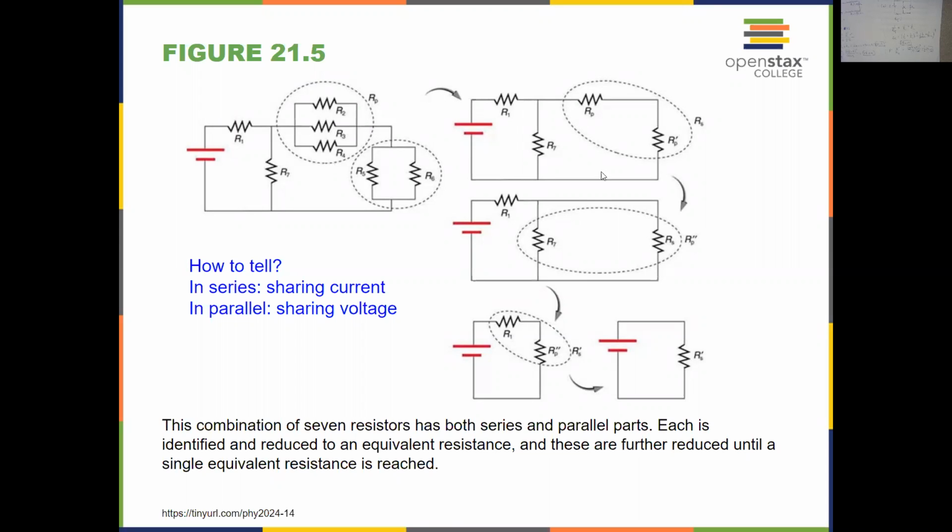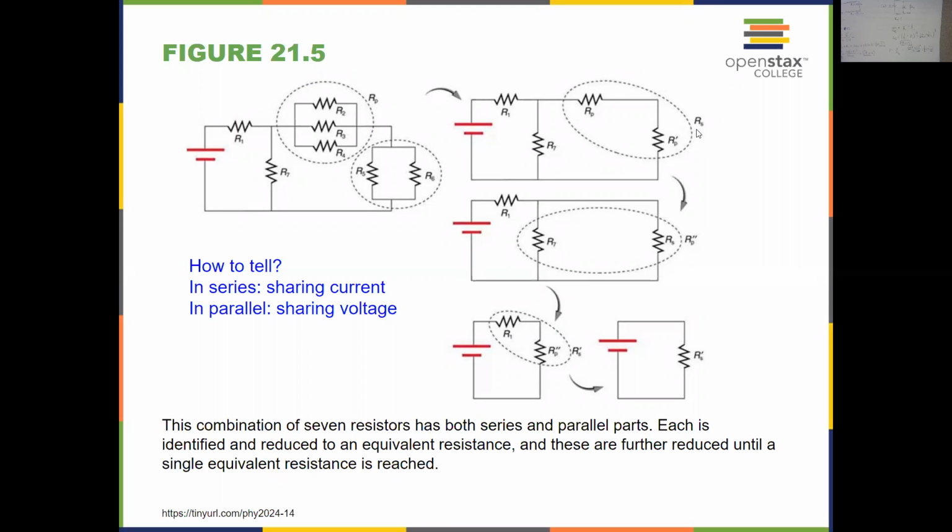Still, you have a complicated part because these two are in series, but they are in parallel with this one. So then you check this now less complicated circuit and identify which part is purely in parallel or in series. You might identify that these two are purely in series, and then replace those two with an R equivalent.